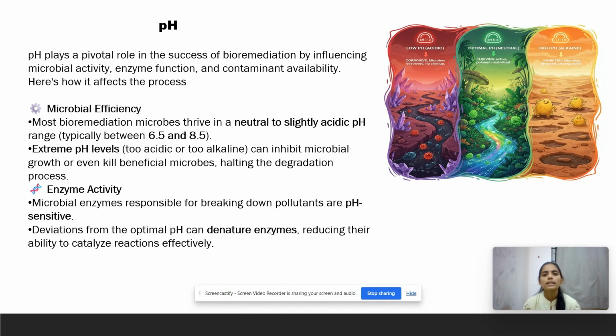Extreme pH, too acidic or too basic, can inhibit microbial growth, further leading to lesser bioremediation. Microbial enzymes responsible for breaking down are pH sensitive. So optimal pH can help the bioremediation process very easily.